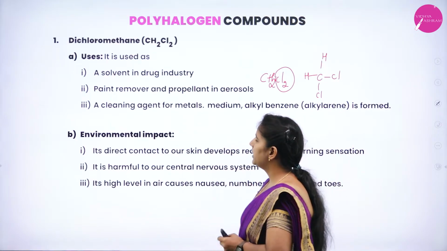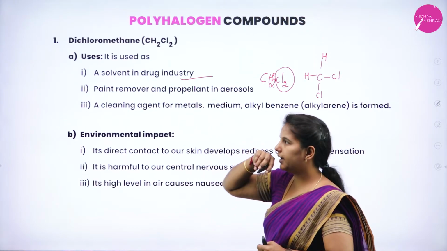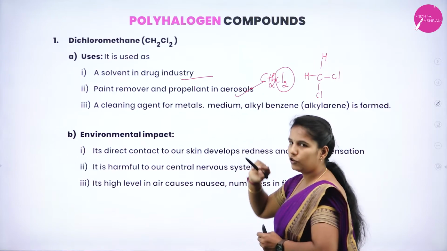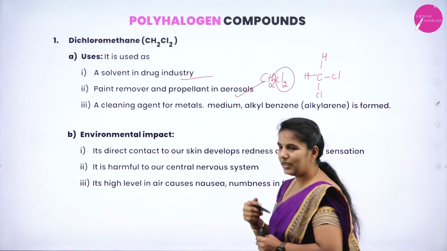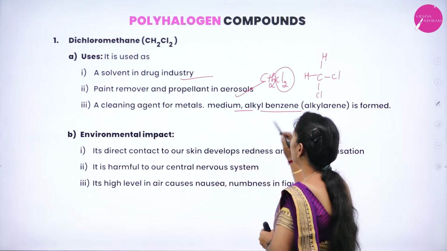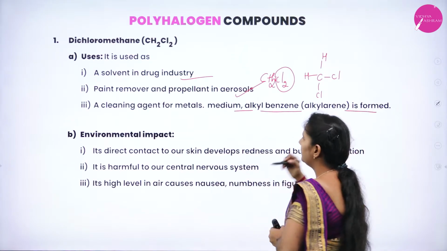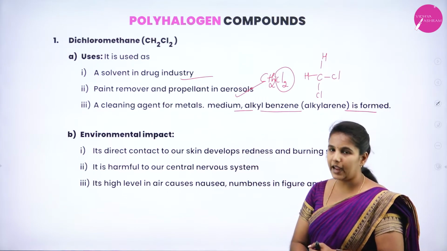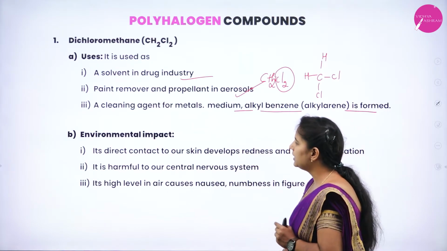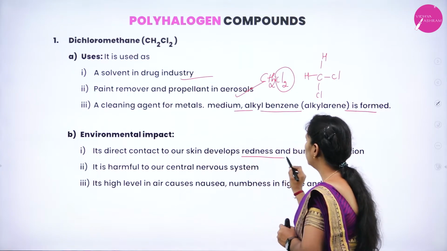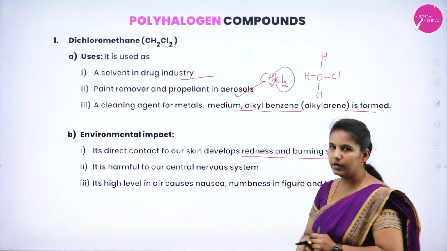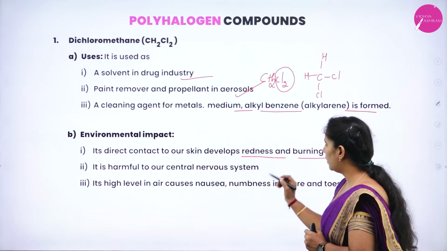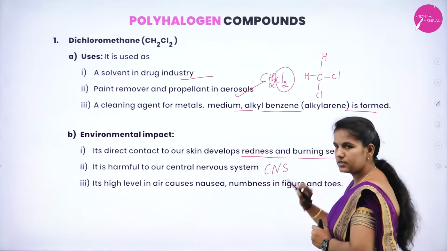What are the uses? It is used as a solvent in the drug industry, as a paint remover, as a propellant for aerosols, and in cleaning agents for metals. Coming to the environmental impact of dichloromethane, direct contact with our skin develops redness as well as a burning sensation, and it is very harmful to our central nervous system.